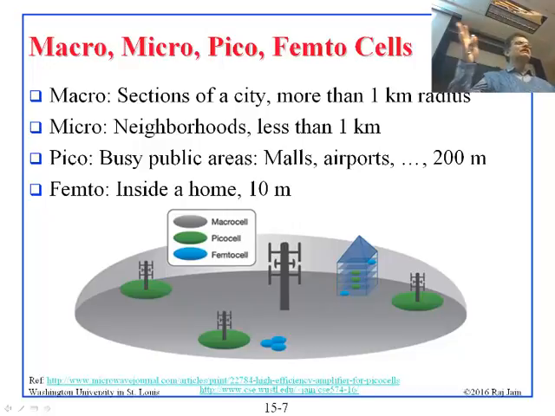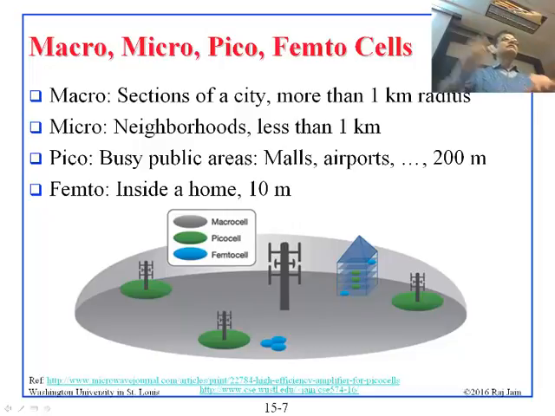Macro cell is what we call a normal size cell, and it is generally a section of a city more than 1 kilometer radius. Micro is, because the number of users is growing and growing, one cell tower cannot sustain all of these 1 kilometer radius people. So they are putting more and more towers in the small areas. Those are called micros. Micros are less than 1 kilometer neighborhoods.